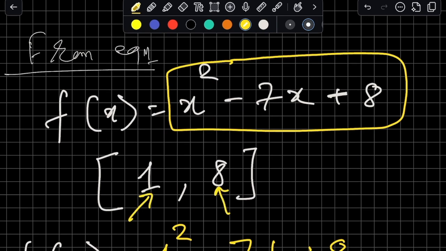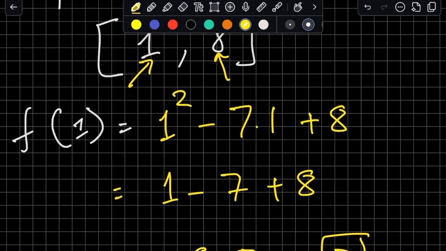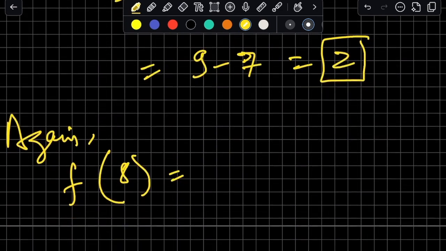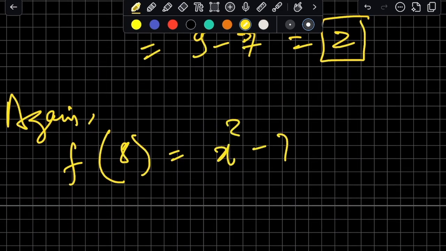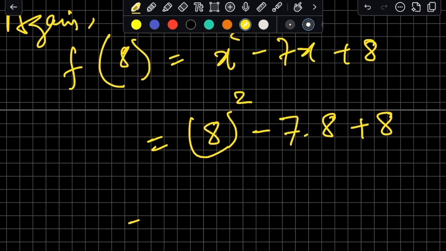Now we will find f of 8. So f of 8 is equal to, the equation is x square minus 7x plus 8. If you replace x with 8, we will get 8 square minus 7 times 8 plus 8, equals 64 minus 56 plus 8.